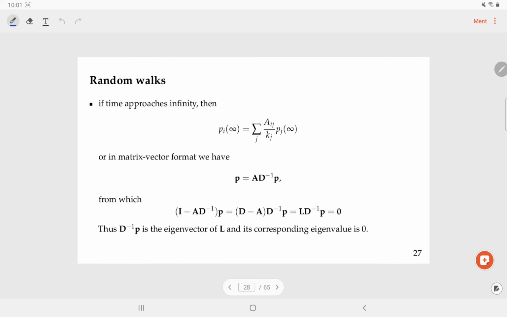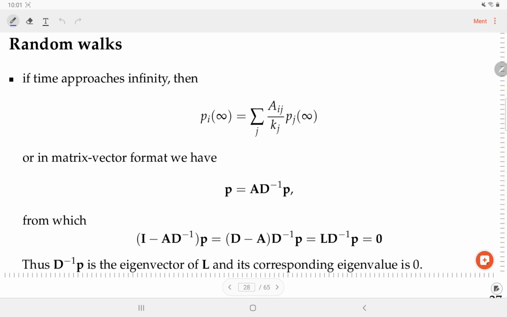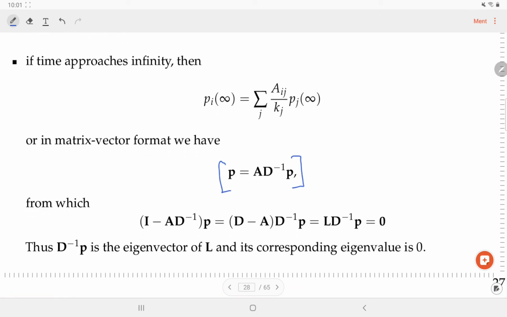Now if we go to infinity, the whole equation turns out to be this one. We can rearrange it by taking this part to the other side, so it's p minus A D inverse p equal to 0.